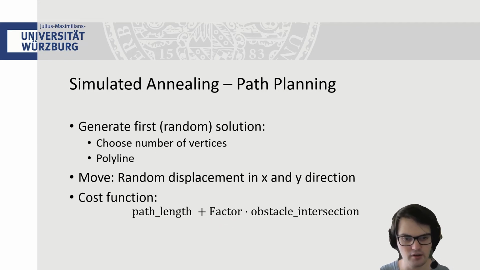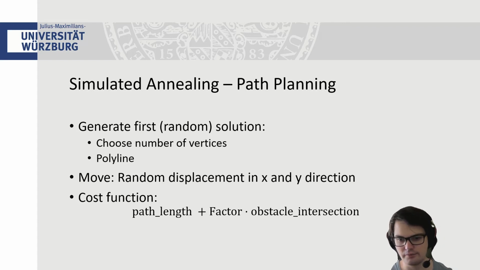So then in the beginning, at a high temperature, our algorithm will optimize for having no collisions. And later on, when the temperature is lower, it will focus more on the path length, as the path length will not make such a big difference in the beginning.